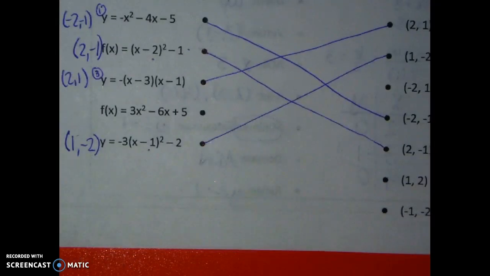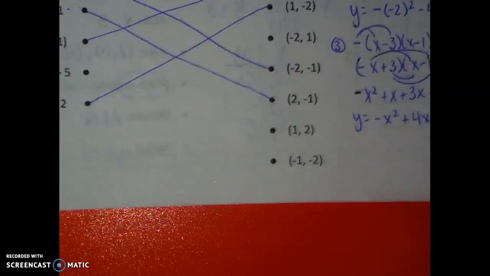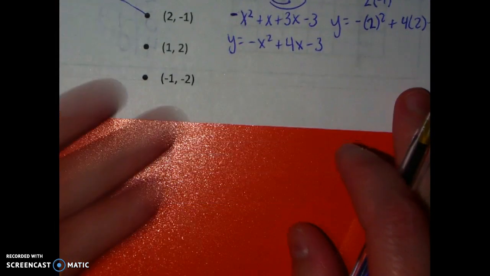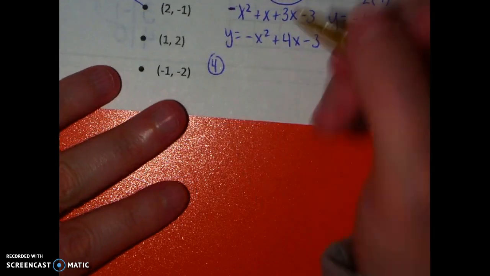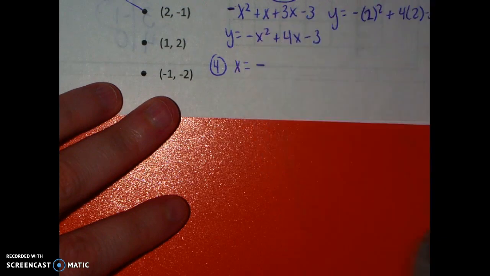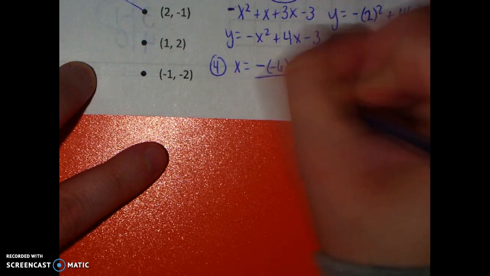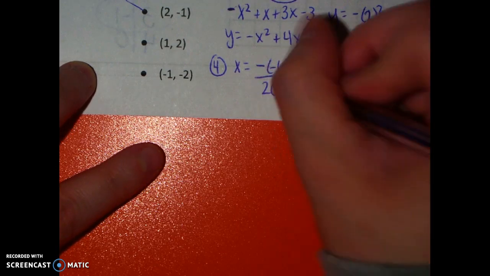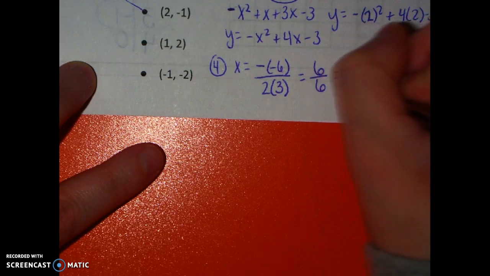Okay, we have one more, and I was mean enough to give you 3 options, so you do actually have to solve it. So this we're going to say is number 4. And for number 4, it's already in standard form, so we can do negative b over 2a. So x equals negative, and the b is negative 6, divided by 2 times a, which is 3. 6 divided by 6 is 1.